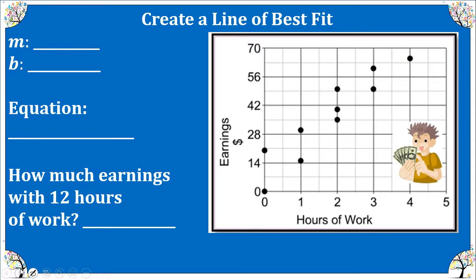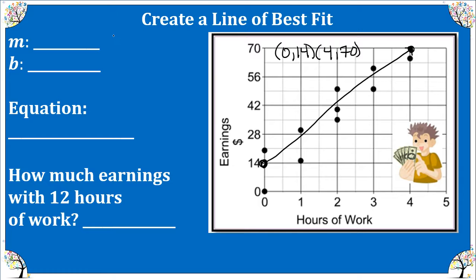Here we have a positive correlation. So we have some money. So it looks like the more hours we work, the more money we're going to make. So I'm just going to pencil in a line of best fit, the best I can. Here are 2 nice points I'm going to use. So this looks like we have (0, 14) and (4, 70).